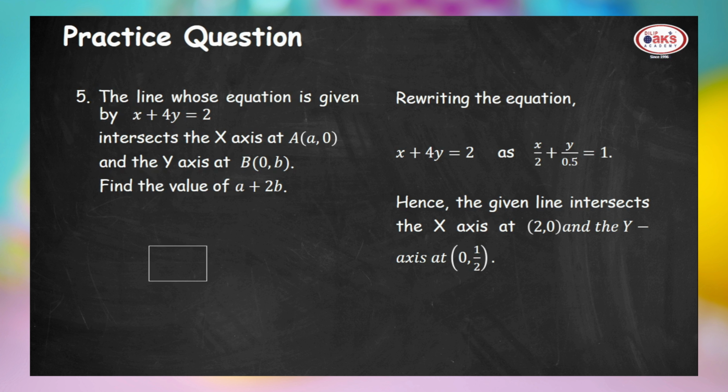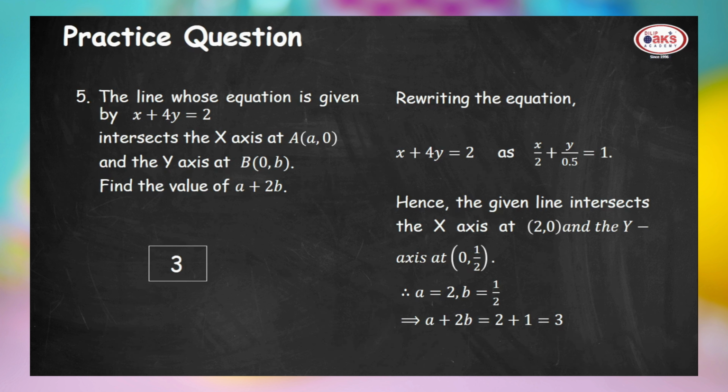Therefore, the value of a is 2 and that of b is 1/2. This implies that a plus 2b is equal to 2 plus 1, that is equal to 3. Therefore, we will enter 3 in the numeric entry field and conclude this question successfully.